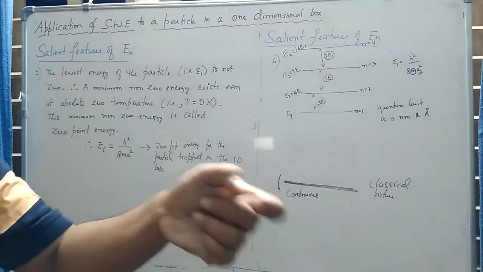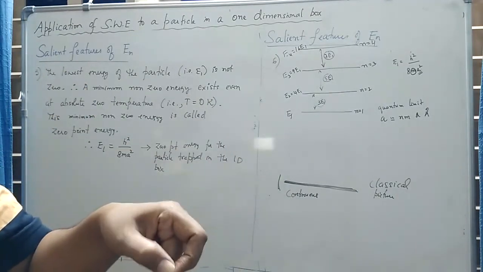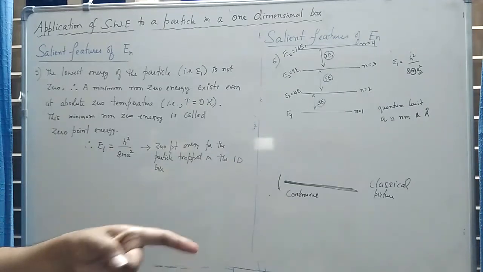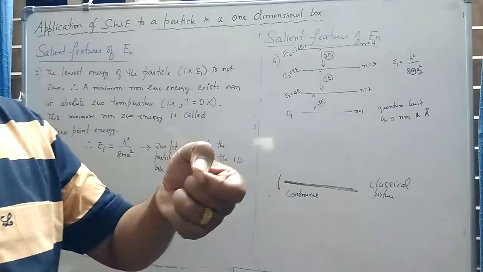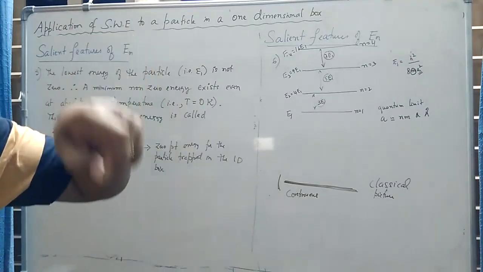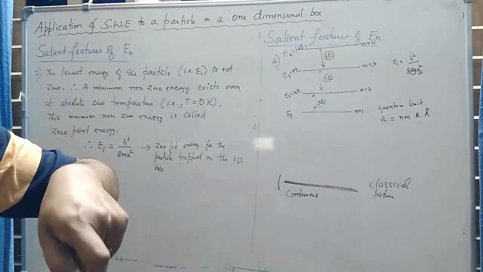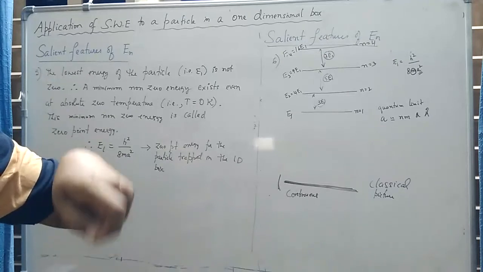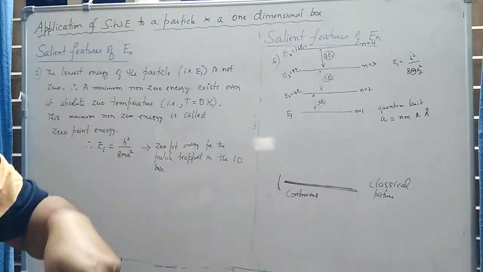So if I place the electron in a box of length 1 centimeter or 1 meter, then the energy of the particle in such a box can be varied continuously. It means the quantization is now out of question. Now it is in the classical picture.